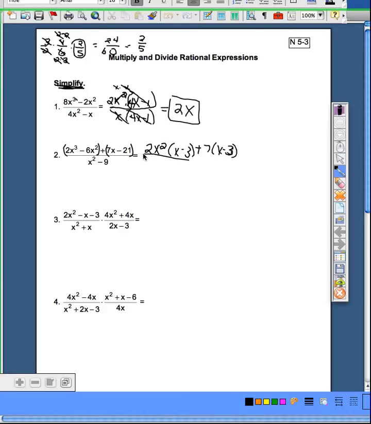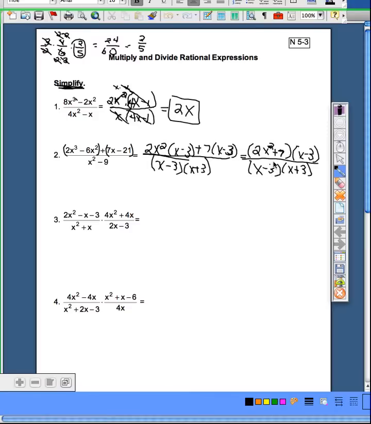All of that's over x squared minus 9, which factors as x minus 3 times x plus 3. Now this, written as factors, is 2x squared plus 7 times x minus 3, and we're still over x minus 3 times x plus 3.